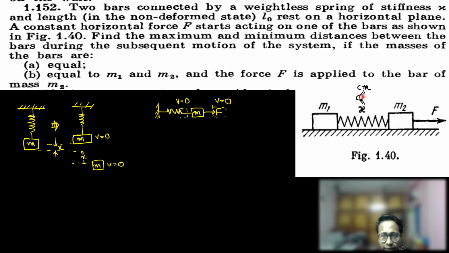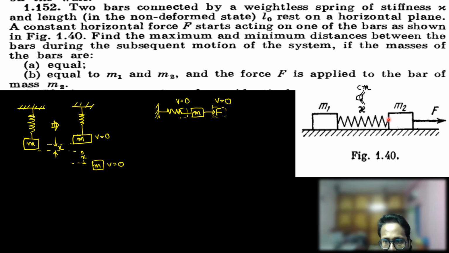Now see, if I shift my observer from the ground frame of reference to the frame of reference of center of mass, does this problem become same as this problem? Obviously. At maximum elongation of the spring, the velocity of m2 with respect to center of mass is equal to 0.